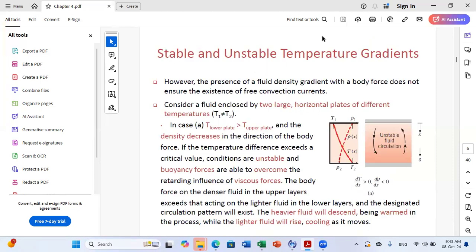So from here, we can talk about stable and unstable temperature gradients. What do we mean by this? It's not sufficient to have temperature difference to create natural convection.